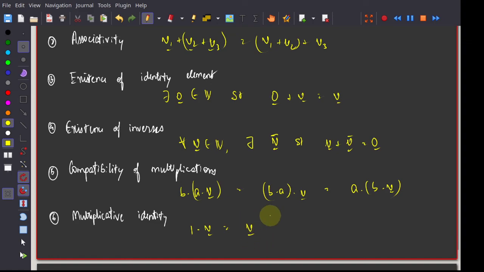And again, not a property, but a consequence is that the zero element of the field times any vector will always give you a 0.